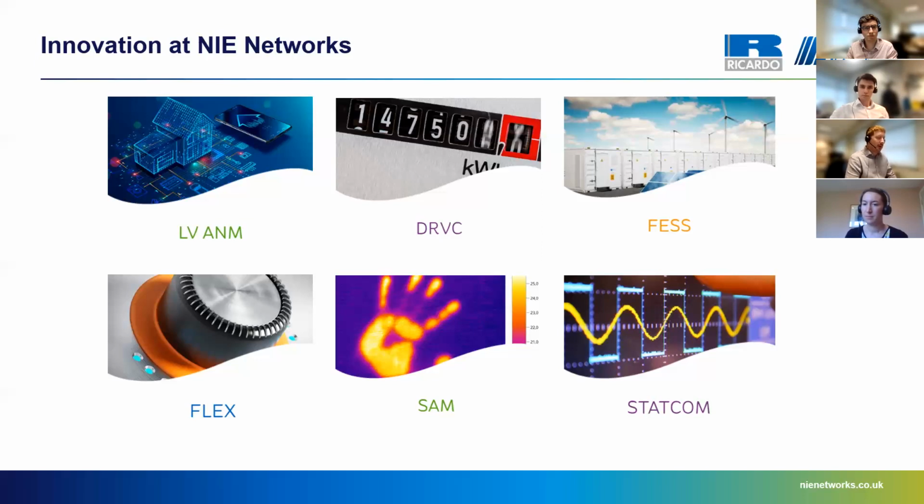So what we're exploring really for the first time during this regulatory period is how we can do more smart or flexible solutions to deal with those constraints and to manage those constraints. And the idea would be that we could deploy these at a lesser cost than a conventional reinforcement solution, and so that ultimately the wider customer base that we serve would save money on their electricity bill out the other end of this.